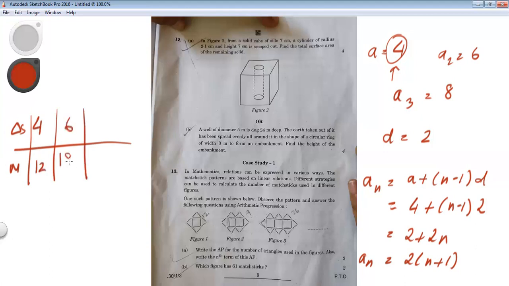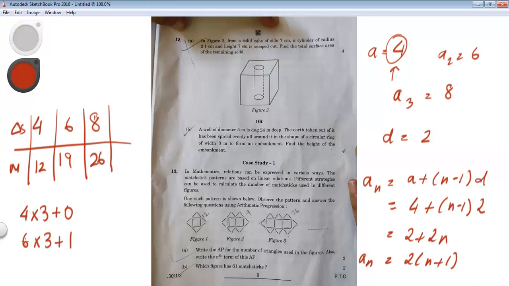For 6, there are 19 matchsticks. For 8 triangles, there are 26 matchsticks. So can you see the relation? What's happening? It's actually 4 into 3 for the first one plus 0. The next one is 6 into 3 plus 1.